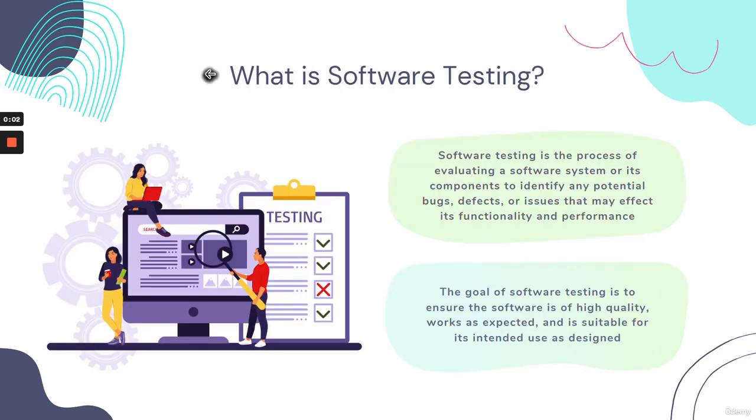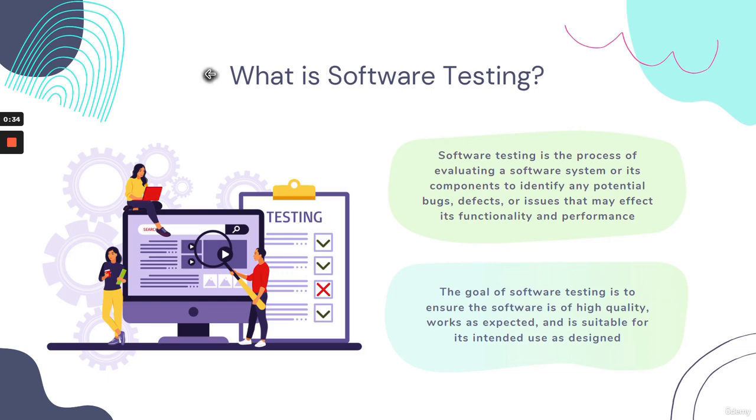What is software testing? As you may already know from other sections that we've covered, software testing is the process of evaluating a software system or its components to identify any potential bugs, defects, or issues that may affect its functionality and core performance.